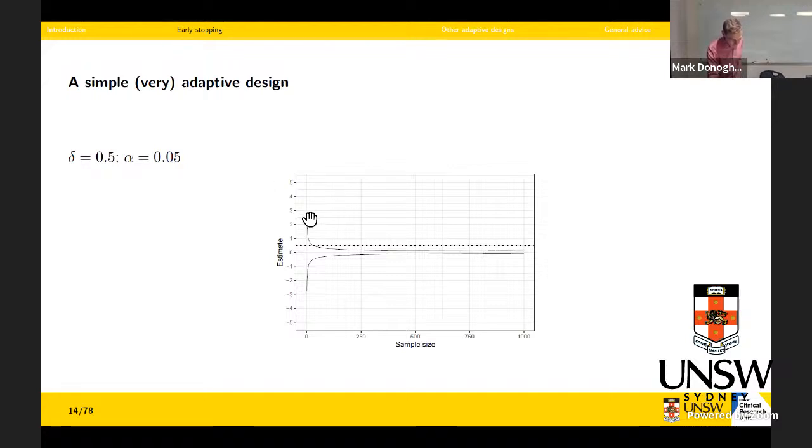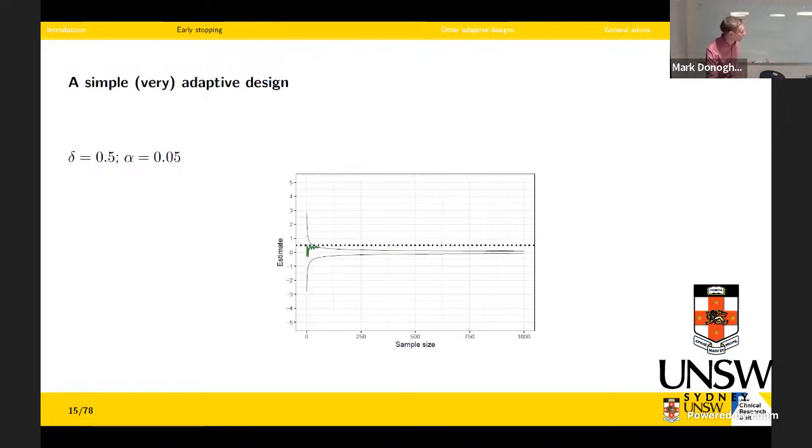And that corresponds to these thinner lines here, in the sense that if our estimate gets far enough away from zero, we get a small p-value. And so if our estimate goes outside these lines at any time, that's when we would get a p-value less than 0.05 and we would stop the study.